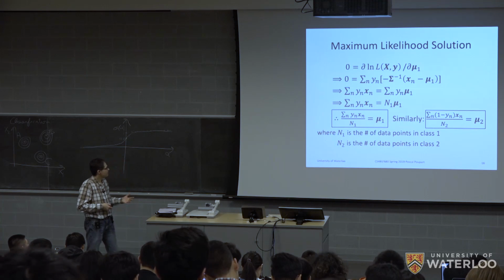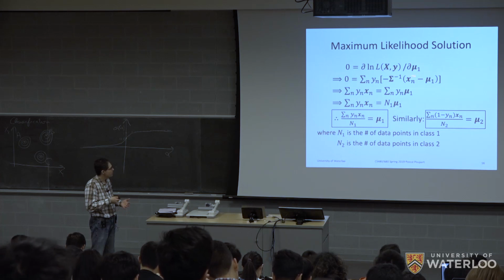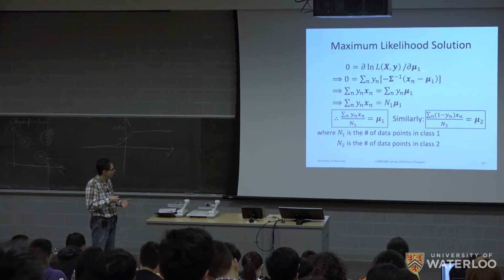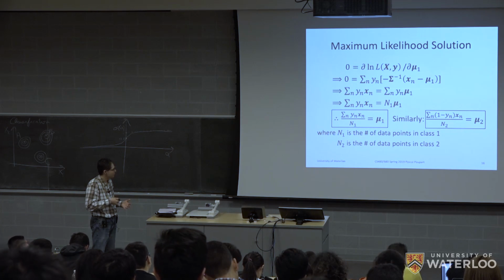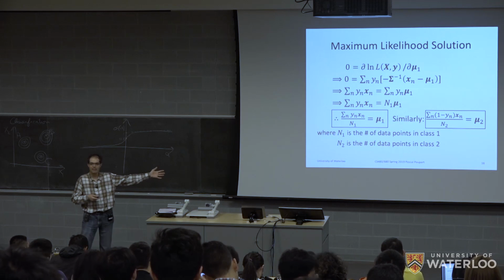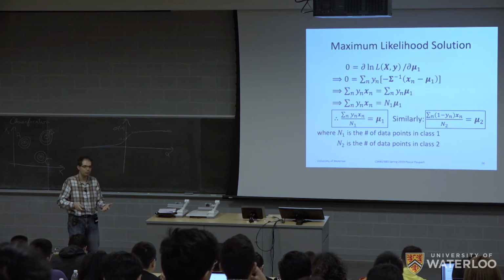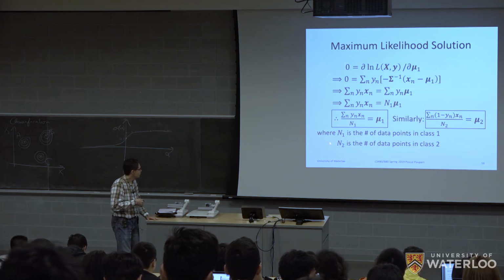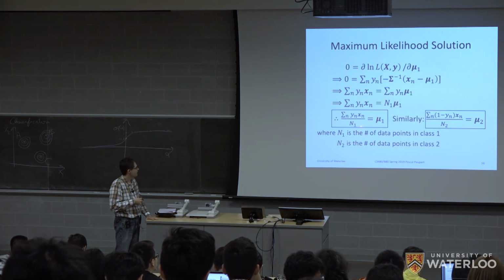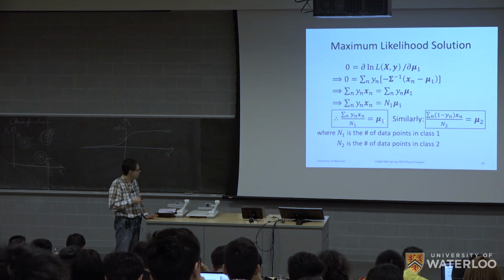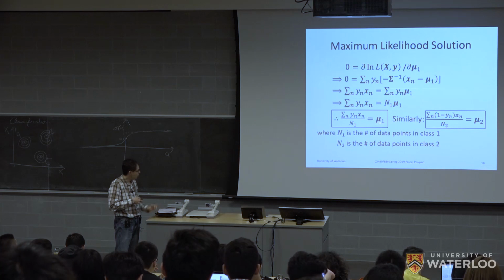Okay, if we do the same thing with respect to the mean mu1 for class 1, we take the derivative, set it to 0, isolate mu1, and then we arrive at this expression. Same idea: this expression is going to be the sample mean, or the empirical mean, of the data. The way to interpret this is that I'm going to associate with class 1 label 1.